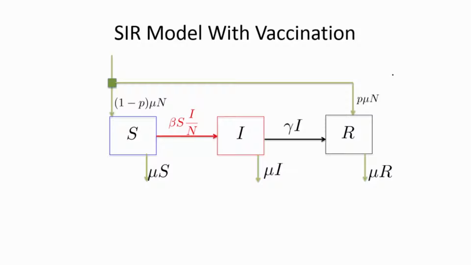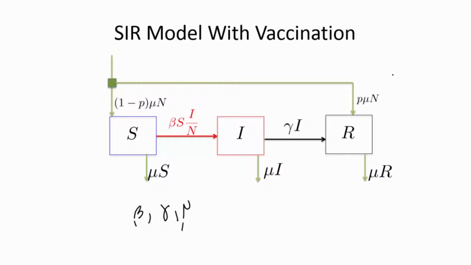Previously, we had the parameters beta, gamma, and mu. Beta is the transmission rate, the rate at which infection is transmitted from one host to another host. Gamma is the constant rate of recovery, and mu is the rate of death, but this is death due to natural causes, right?